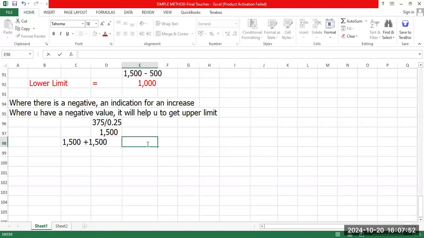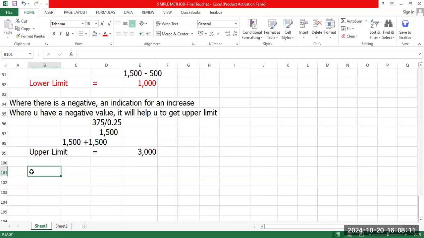So here you get 3,000. So the upper limit will be equal to 3,000.